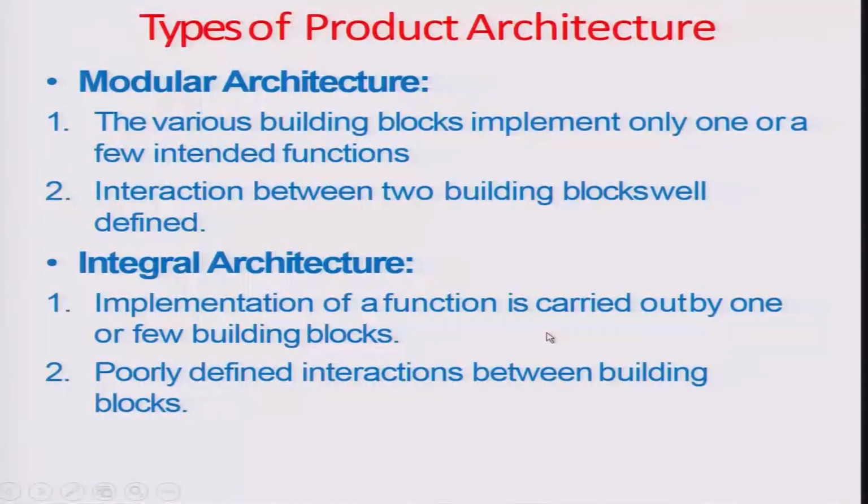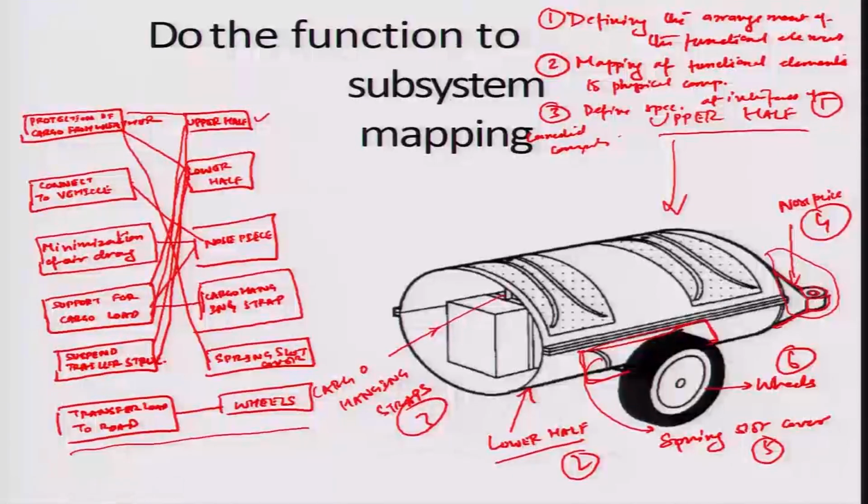For example, in this particular case, if I were to look in detail at how the interface between the upper half and the lower half would result in some kind of a load transfer from the upper member to the lower member, in a way, we are defining specifications at the interfaces in a manner so that it can support such a load. Okay.